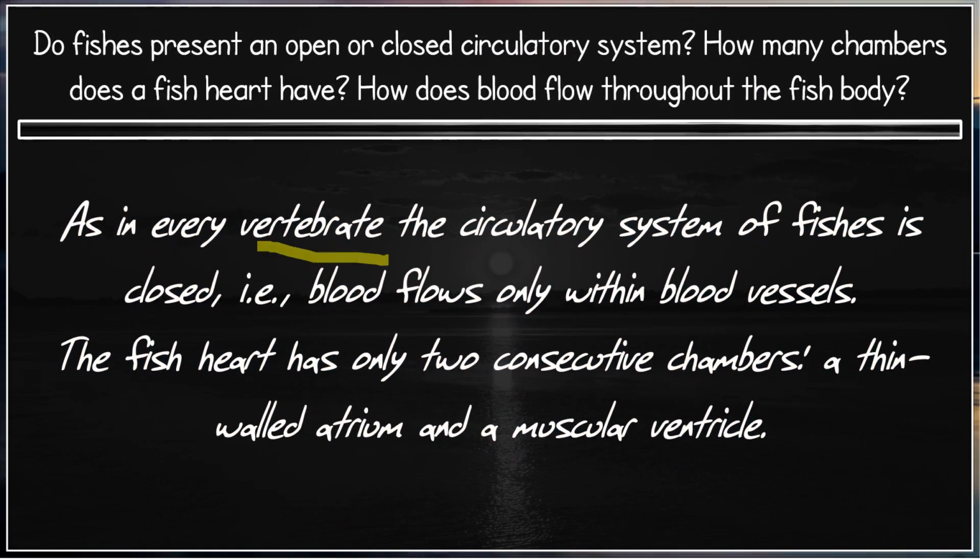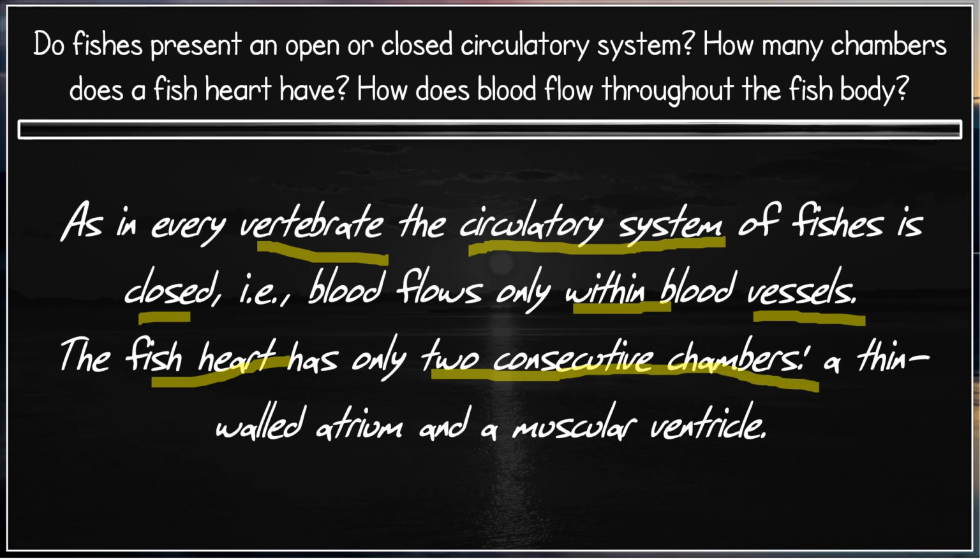As in every vertebrate, the circulatory system of fish is closed. That is, blood flows within the blood vessels. The fish heart has only two consecutive chambers, a thin-walled atrium and a muscular ventricle.